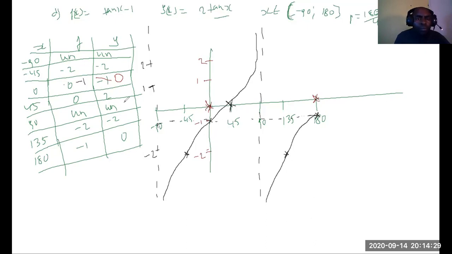I have got a maximum at 45, I have got 2. And I have got a minimum at -45, I've got -2. And then at 135, also -2.